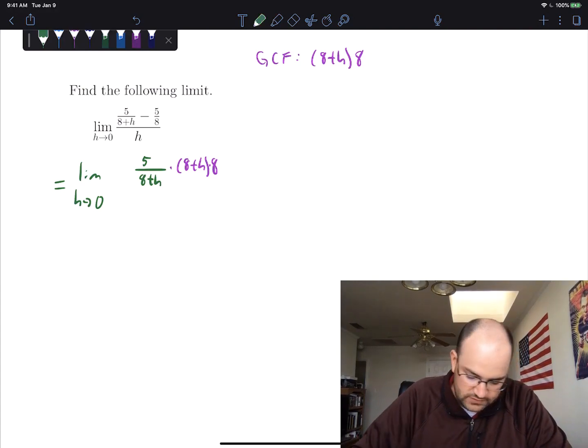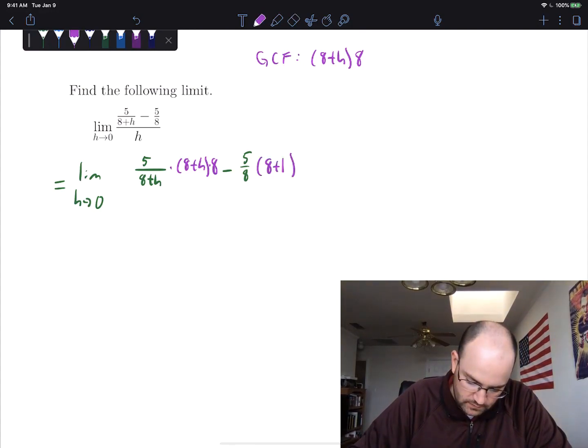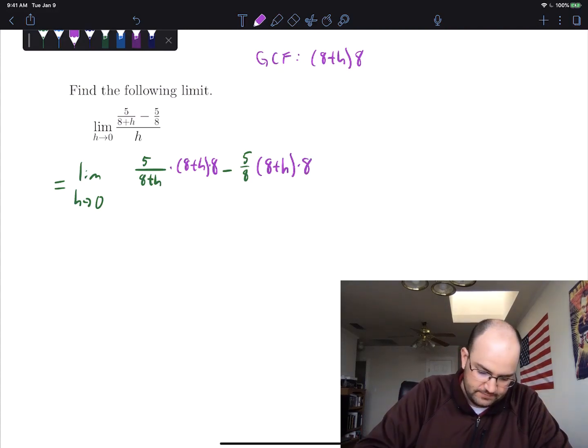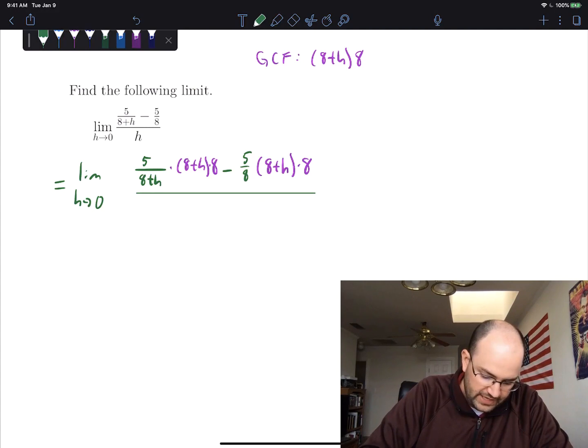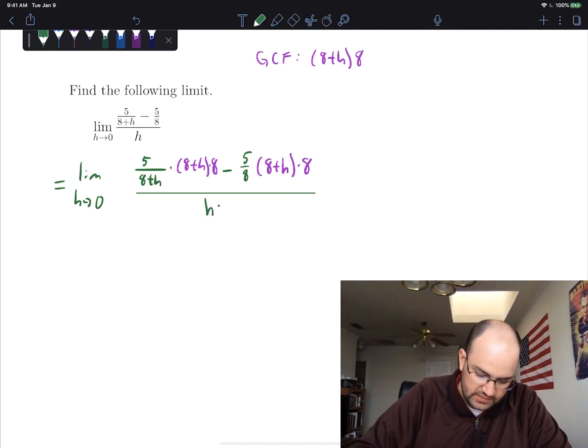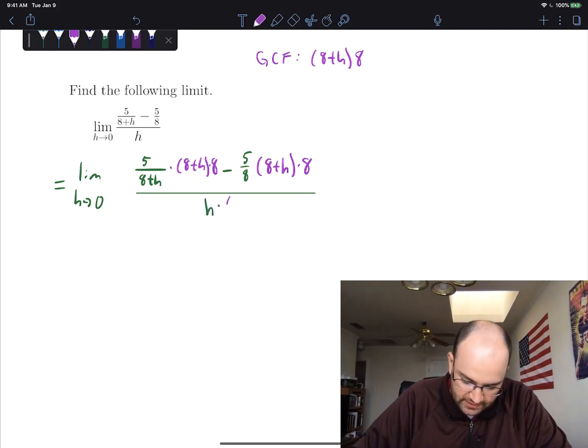And then, of course, we have our minus the 5 over 8, again multiplied by 8 plus h times 8. All over, and in the denominator, we have the h, and then times the GCF of 8 plus h times 8.